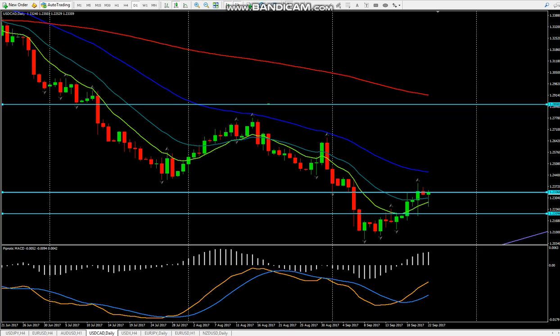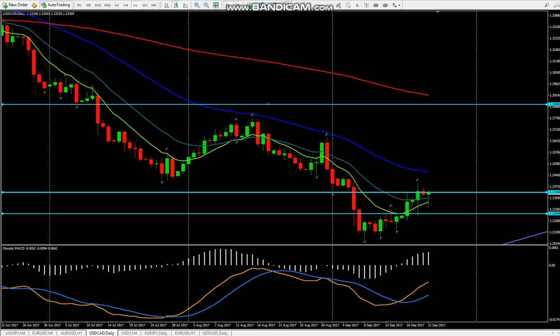So I will only be shorting it. I am not going to be long on this pair, just because the EMA is above the daily price. So that's one reason for shorting that pair.